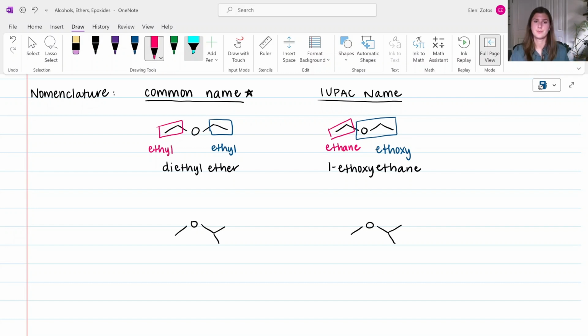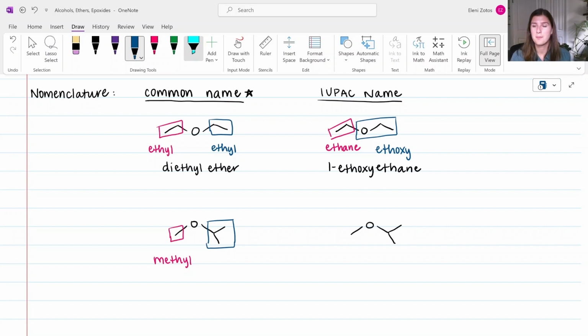All right, so looking at the molecule that I drew first, for the common name, we have the oxygen in the center, so it's an ether molecule. On one side, we have a methyl, just a CH3 group, and on the other side, we have 3 carbons, so that's a propyl group.